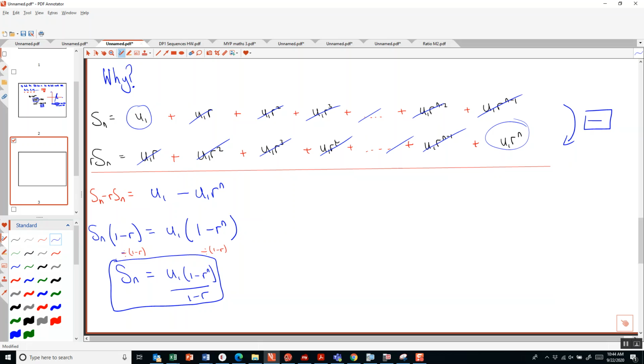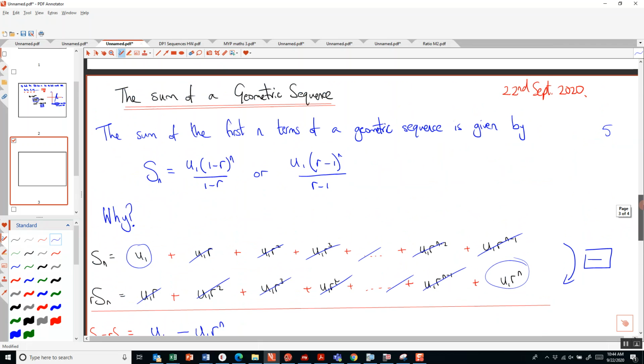Mr. Cunningham? Yes. The one you wrote there has the n in the brackets, but if you scroll up, the n was outside of the brackets. Maybe I wrote... Oh, I'm really sorry.